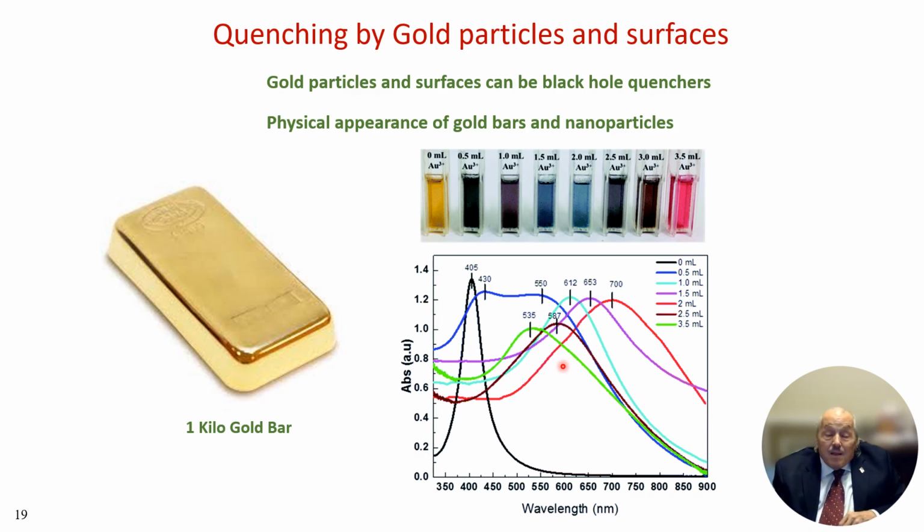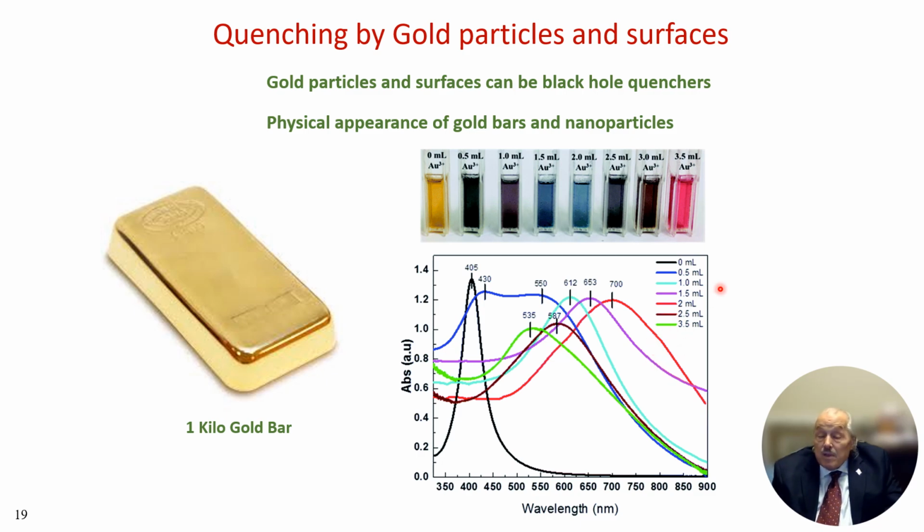There are some old-time reports saying there was some emission from gold, but the quantum yield had 4 zeros in front of it or something, so you didn't know what to make of it. So you can get almost any absorption spectrum you want, and there's all types of gold nanoparticles. Some are nanospheres, some are nanorods.